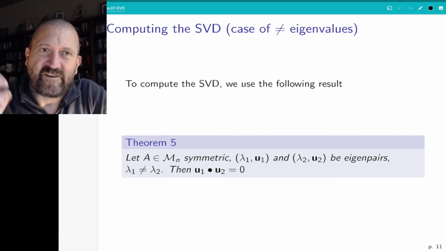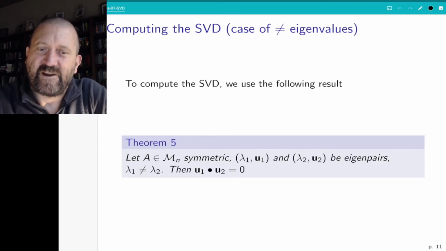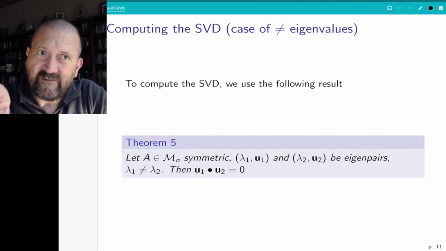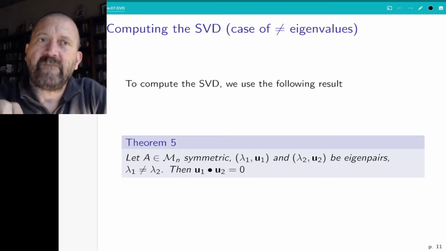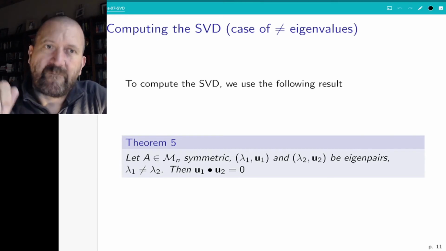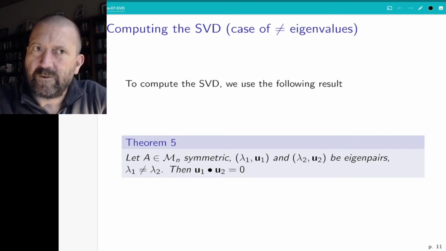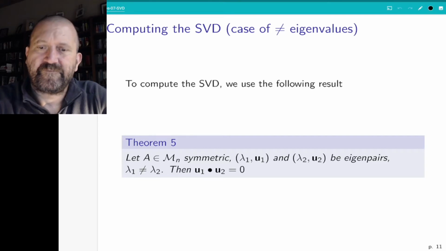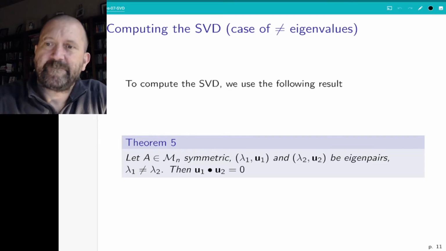So the theorem states that if I have a symmetric matrix A, and that I have two eigenpairs, lambda 1, u1 and lambda 2, u2, with lambdas distinct, then the eigenvectors that are associated to these eigenvalues lambda 1 and lambda 2 are orthogonal. Okay, u1 dot u2 is equal to 0. So let's prove this.